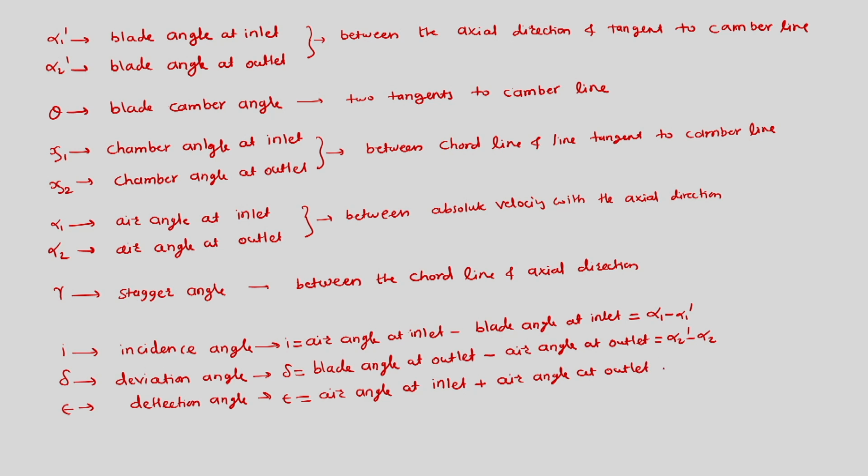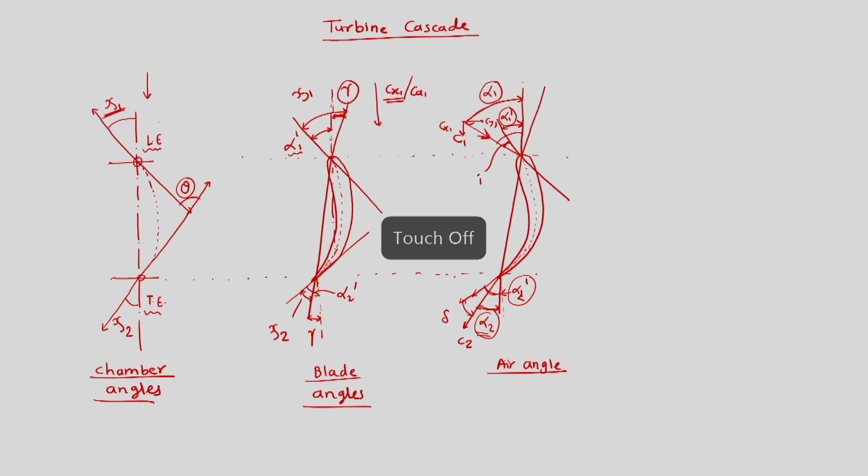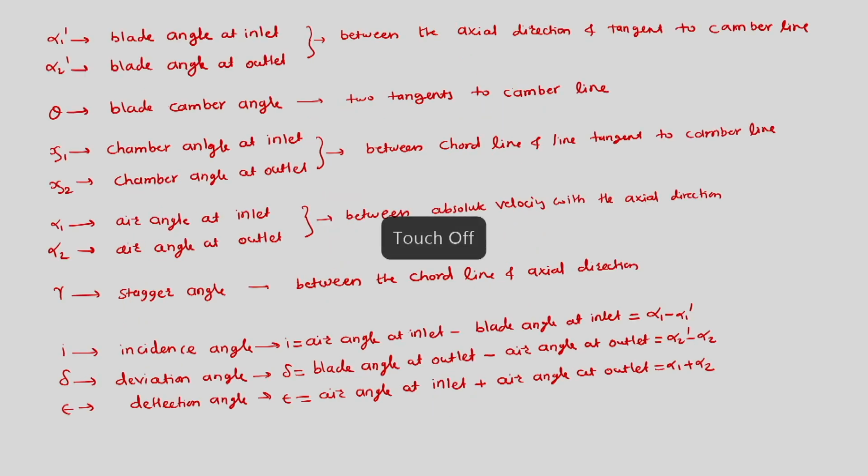So, this is alpha 1 plus alpha 2. If we see that air is coming in this direction at the inlet, and going in this direction at the outlet, then air is getting deviated or rather deflected by a complete angle, which is alpha 1 plus alpha 2, between the inlet and the outlet. So, this is the deflection angle.